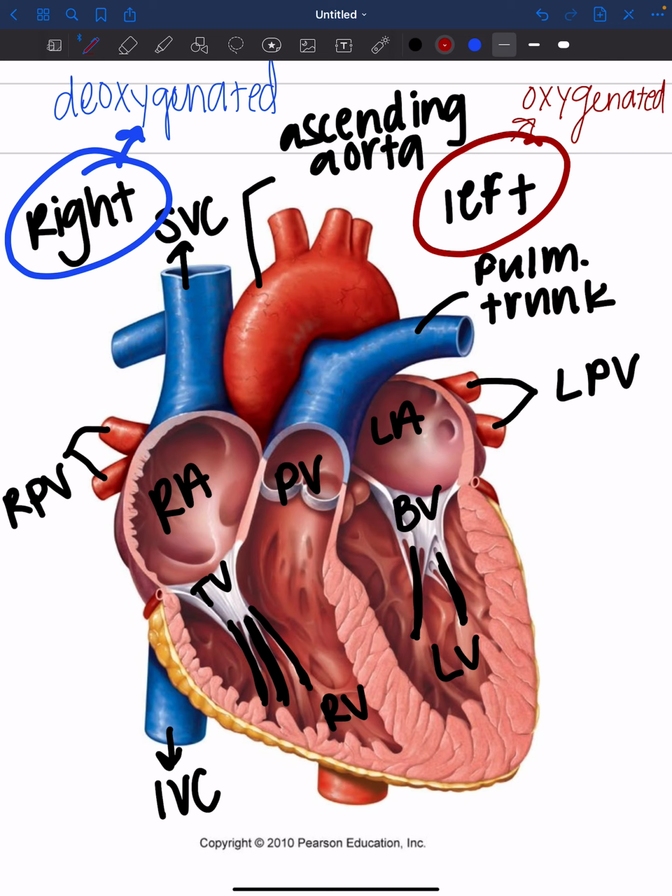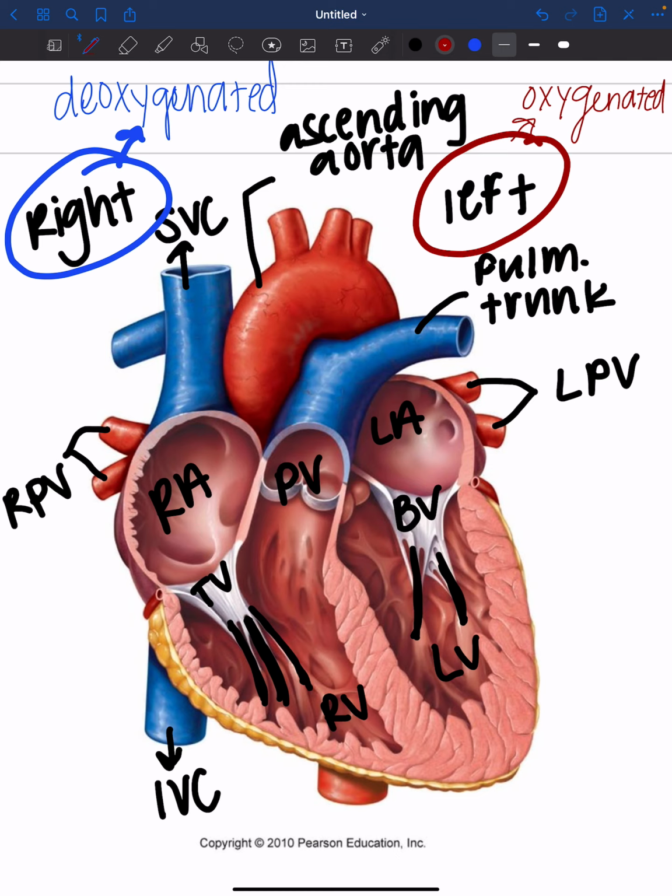So, our right side, the deoxygenated side, is actually called our pulmonary circuit or circulation. That is going to move blood between the heart and the lungs. Okay, so it is transporting the deoxygenated blood to the lungs so that the lungs can absorb that oxygen and get rid of the carbon dioxide.